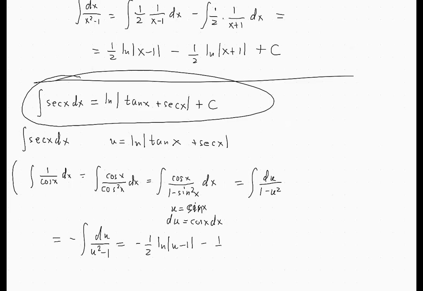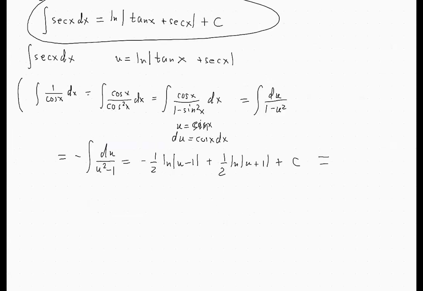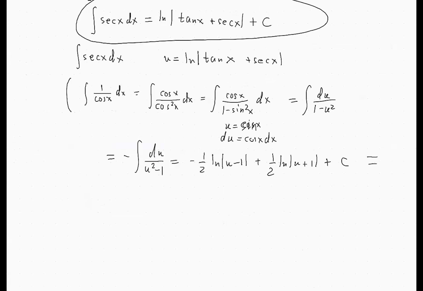Ln of u plus 1 plus c. And now you can, sorry, this is plus. And you can write this as 1/2 ln of u plus 1 over u minus 1 plus c.